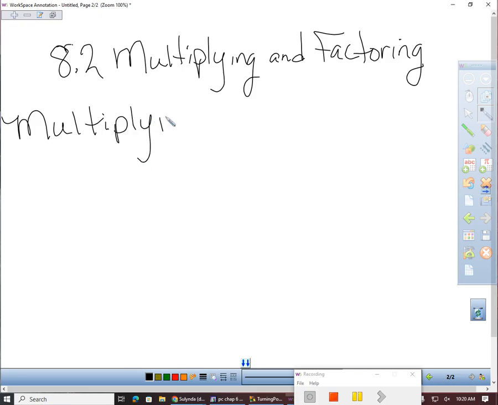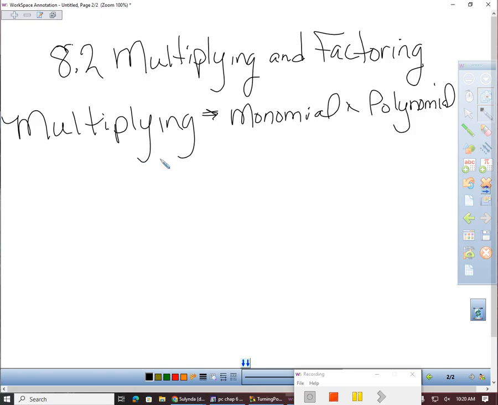Today, when we multiply, we are multiplying a monomial times a polynomial, which really means that we are going to distribute.